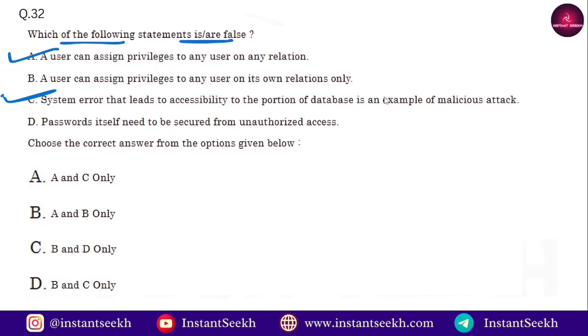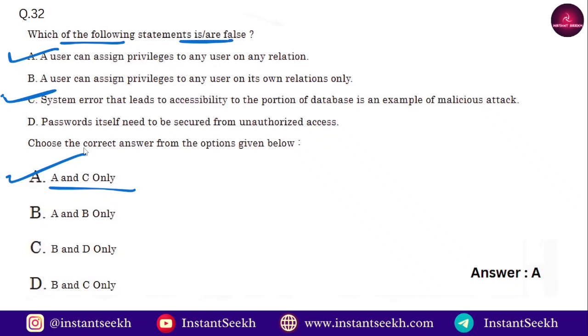So this is false. Password itself needs to be secured from unauthorized access. Yes, this is true. So your only false statements are statement A and statement C. That is your first option. Answer option A is your correct answer for this particular question.